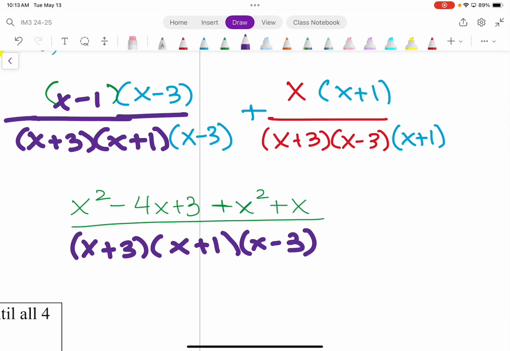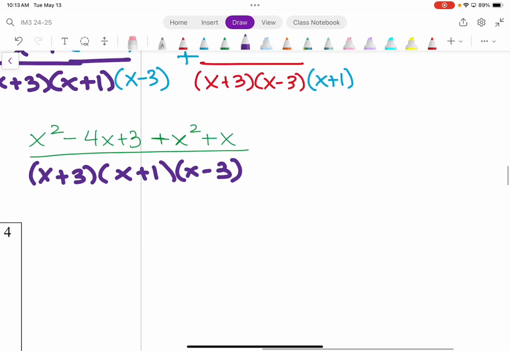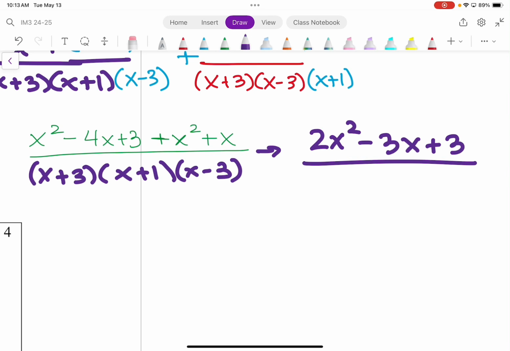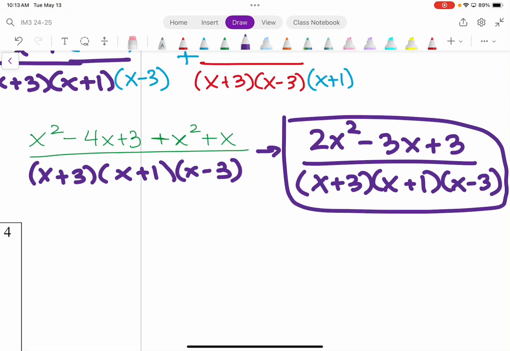And we're almost done. We just got to put everything together. 2x squared minus 3x plus 3 over x plus 3, x plus 1, x minus 3. Lucky for us, the top is not factorable, so we can stop there.